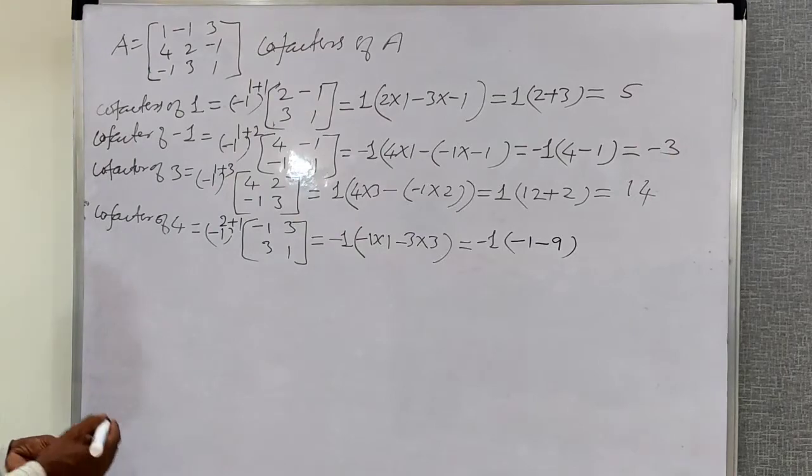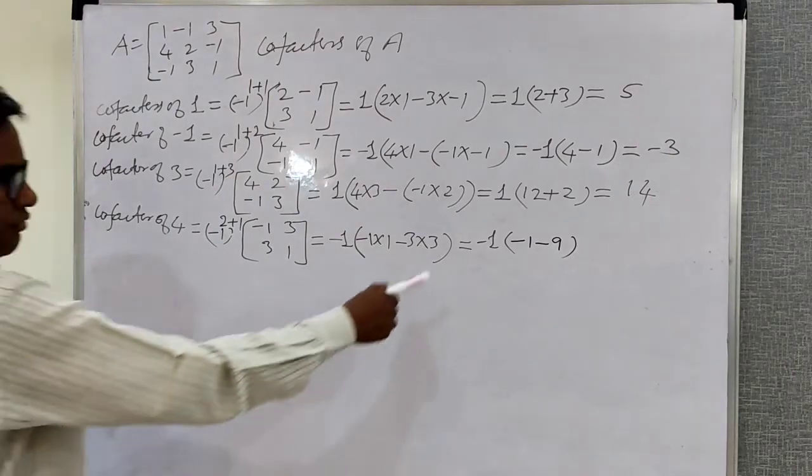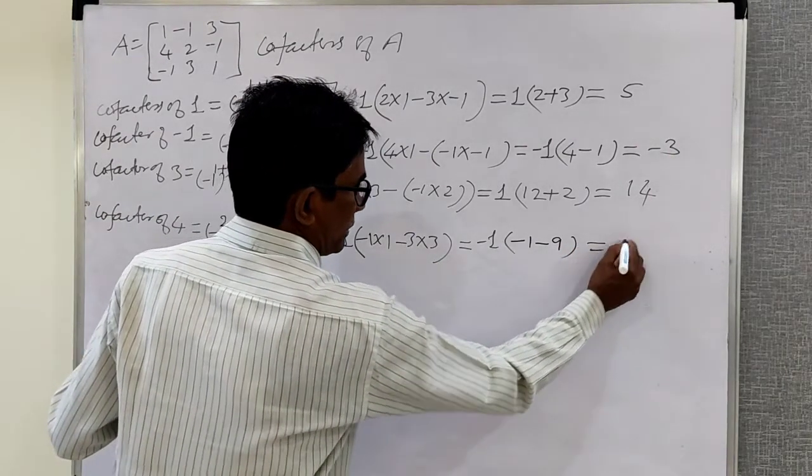So minus 1 minus 9 minus 10, minus 10 into minus 1 plus 10.